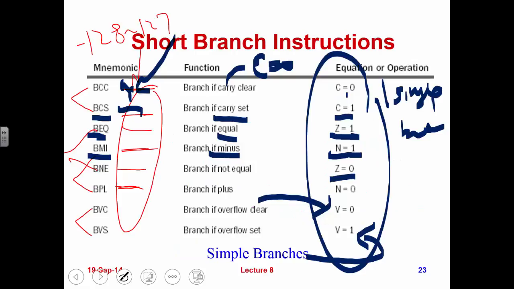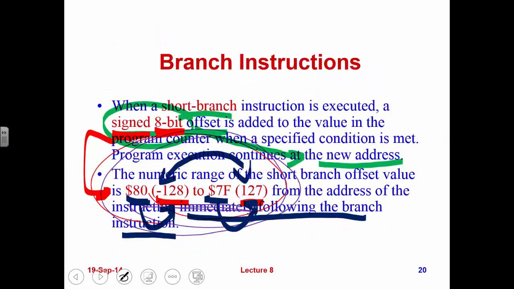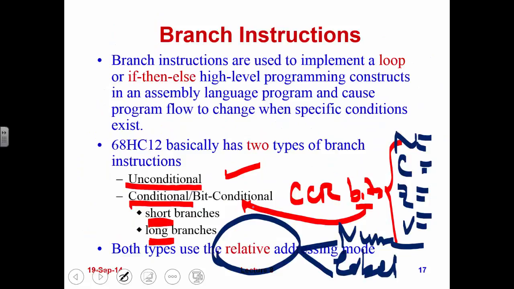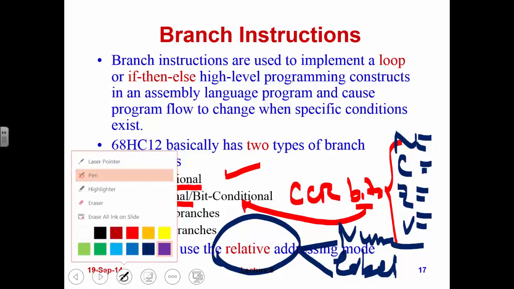Now, if you go to the book, we see BCC on page 542. If you check these simple short branch instructions, you see they all run only in the relative address mode, nothing else.